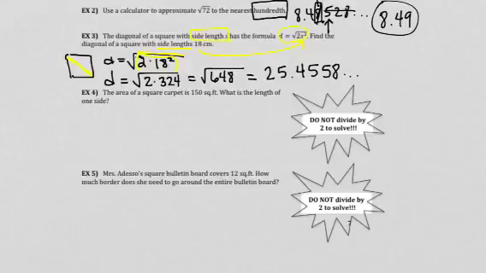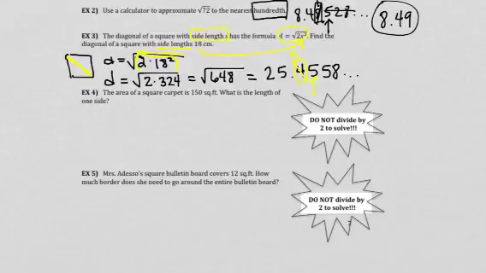So this is an irrational number. We're going to round to the nearest tenth. So I'm going to have a look at the 4. That's what I'm rounding to. Since the next number is 5 or more, that bumps this 4 up to a 5.